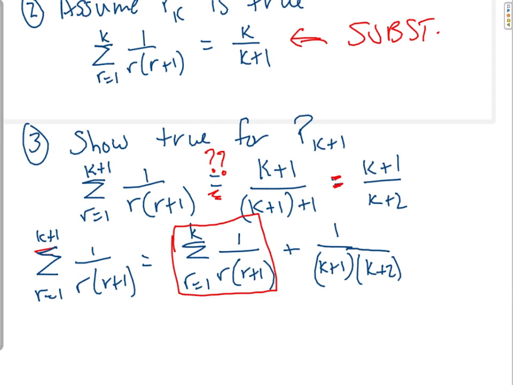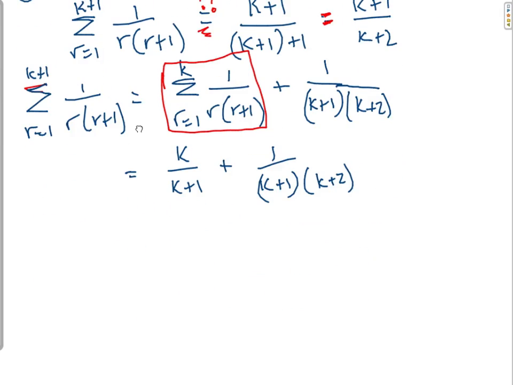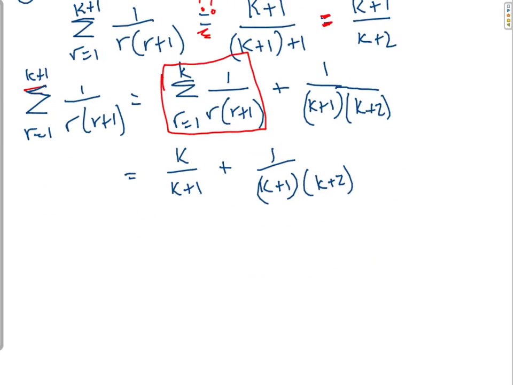By my assumption, I can substitute that in, and I can say that this is going to be k over k plus 1. My k plus 1 term is this. And now I have to get some algebra working here.